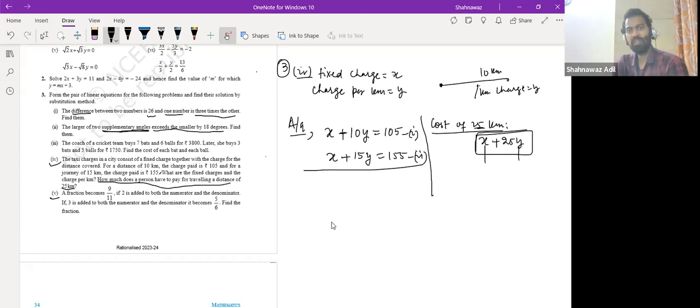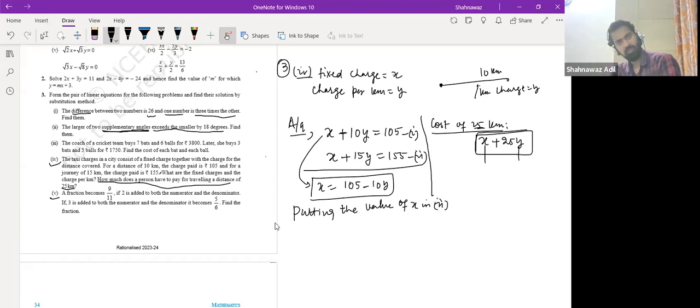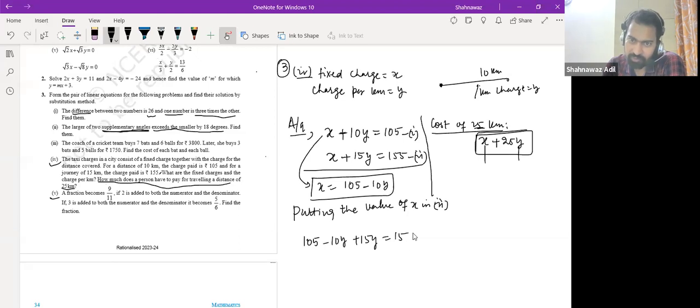These are very big equations, but what we can do is, x is 105 minus 10y, from the first equation. Now putting the value of x in the second equation, this would be 105 minus 10y plus 15y, and this is 155.